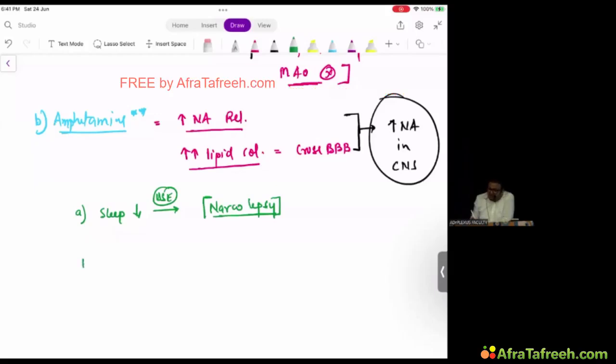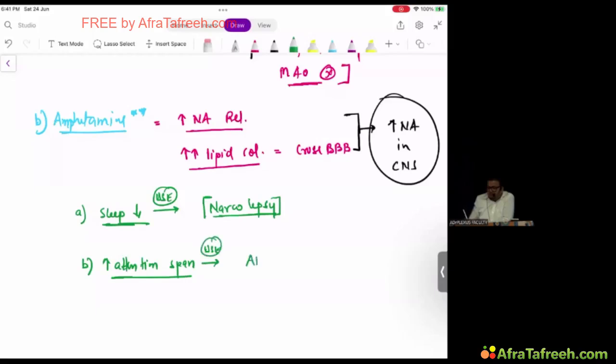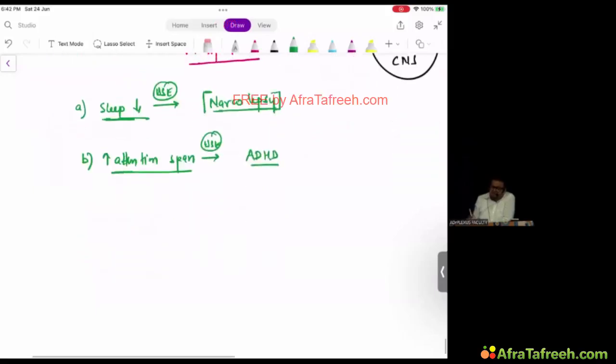Second action, when Na increases in your brain, it increases your attention span. Your mind becomes more active. Fatigue goes away, your mind becomes more active, increase in attention span. Where can this property be used? In treatment of ADHD. Second use of amphetamines.